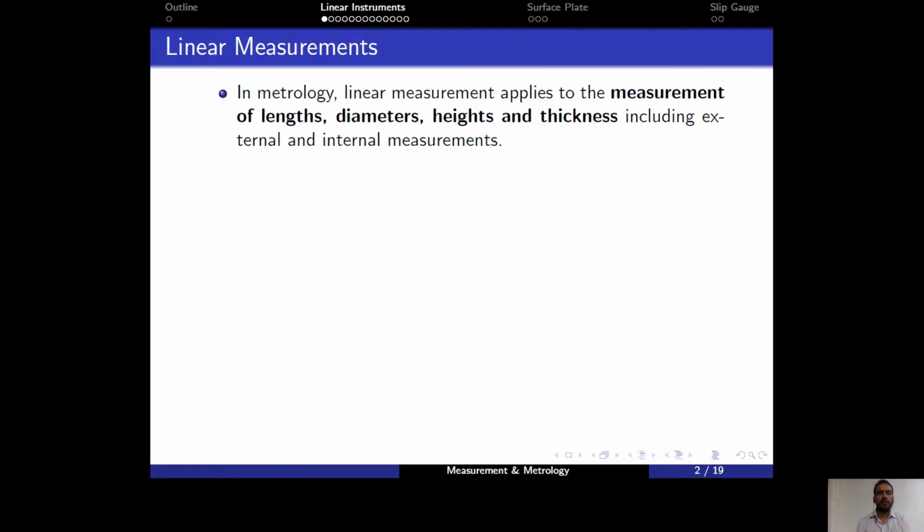If I wanted to measure this particular specimen's dimension, say length and thickness, I require a scale. A scale is a measuring instrument by which I can measure length, dia, height, thickness of a particular specimen. It could be an external measuring dimension, or it could be the internal dimension.